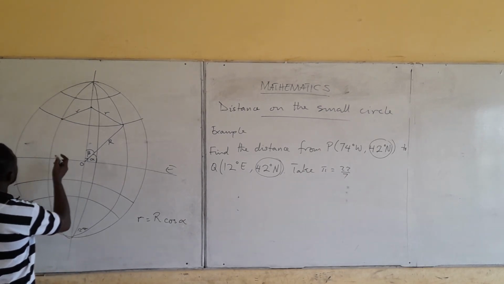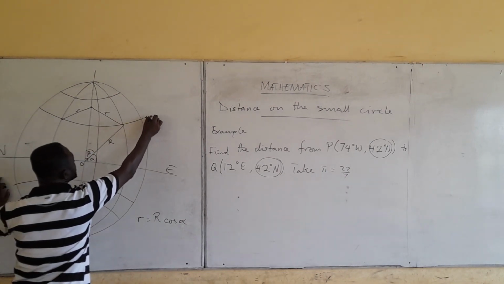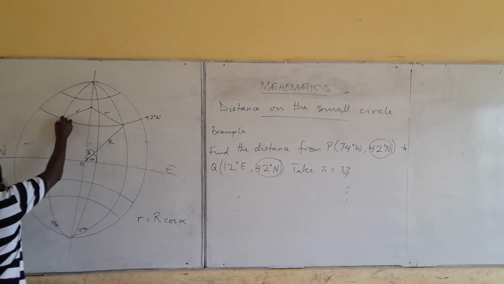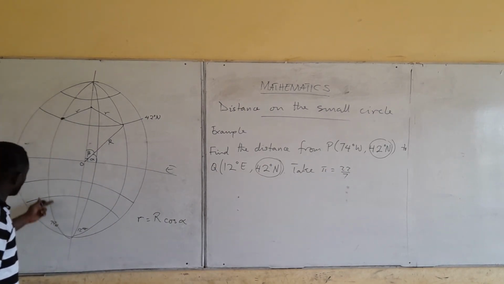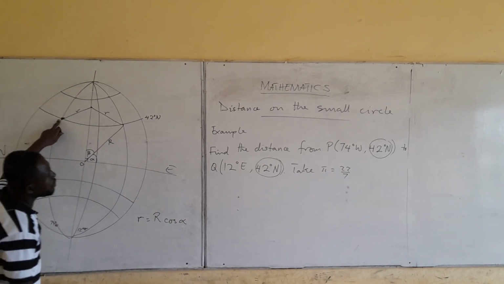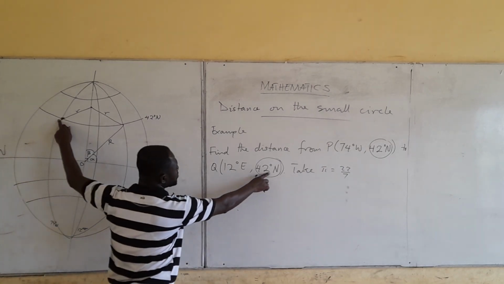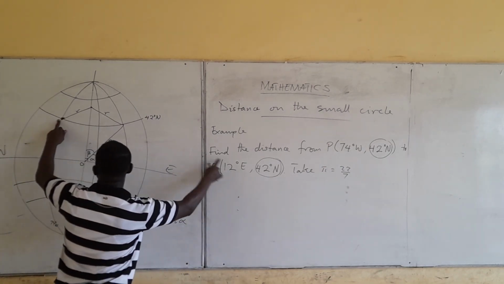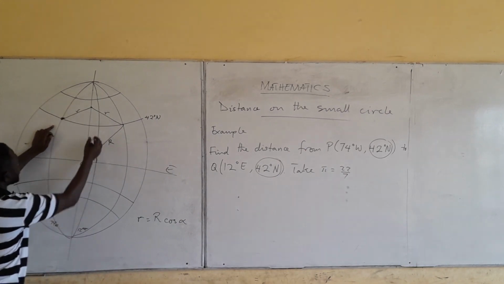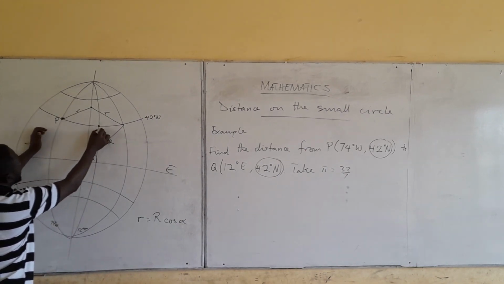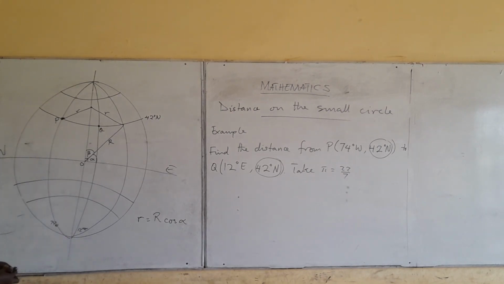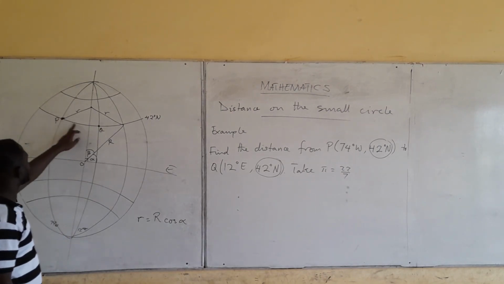I'm assuming this is 42 degrees north. So the point P is here, and then Q is also here, and I'm to find the distance between these two points.